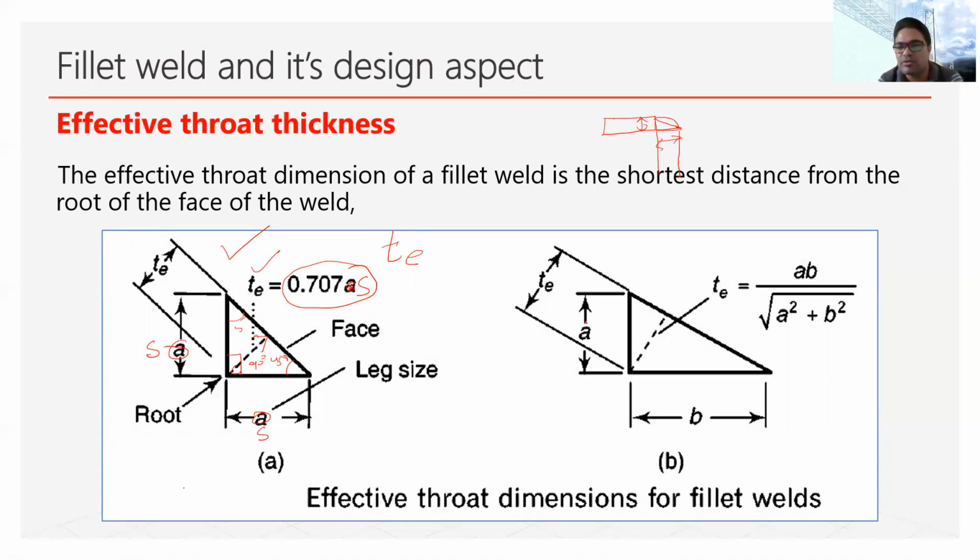If we denote them with A and B, how do we find the throat thickness? In that case this formula can be used, but this is very rare. I gave you this formula so that you understand, if such a case occurs, how to get the value of throat thickness. Most of the time we will use the earlier case only.